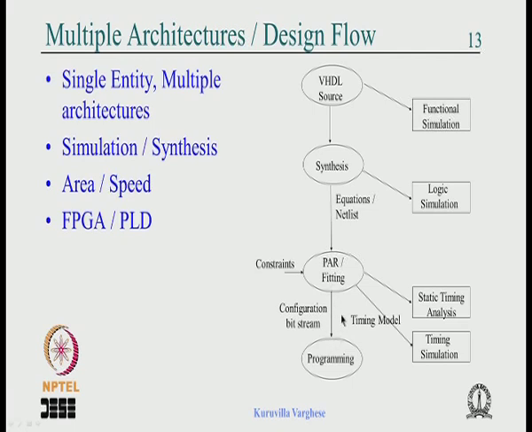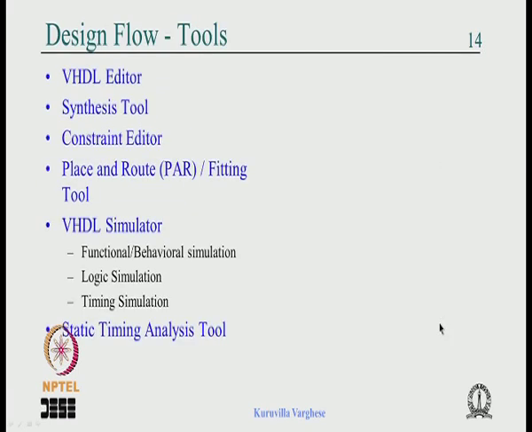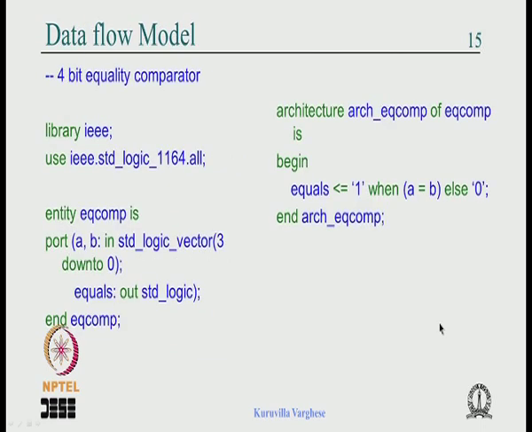So basically you have an editor, a synthesis tool, a constraint editor, a PAR tool, a programmer, a static timing analysis tool and a simulator which does all these functional, logic or timing simulations. So these are the kinds of tools we use.